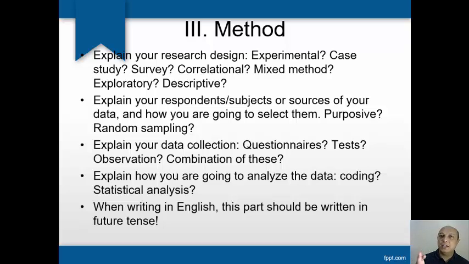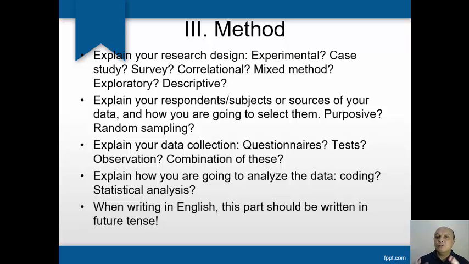Second, you have to explain your respondents or your subjects or any other sources of your data. If you are not working with human beings, you probably work with books and novels and other printed media on the internet, for example. Then you have to let the readers know what it is that you are going to study.